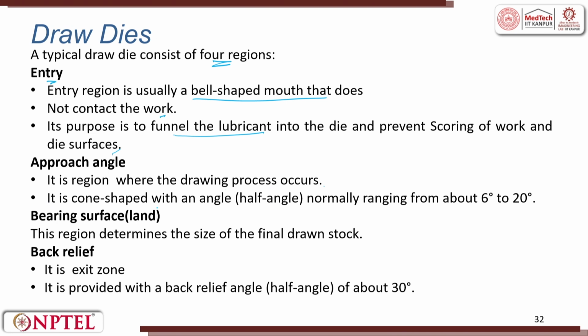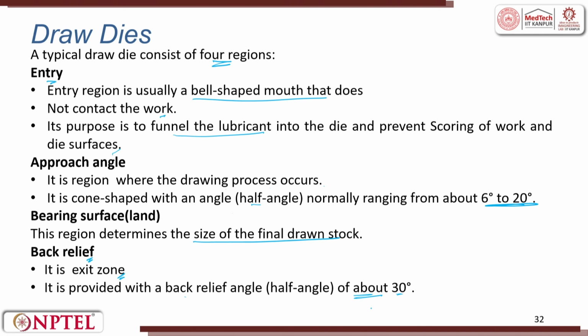It is cone shaped with a half angle normally ranging between 6 to 20 degrees. Then comes the bearing surface. This region determines the size of the final drawn stock, and the back relief is the exit zone, which is provided with a back relief angle of about 30 degrees.